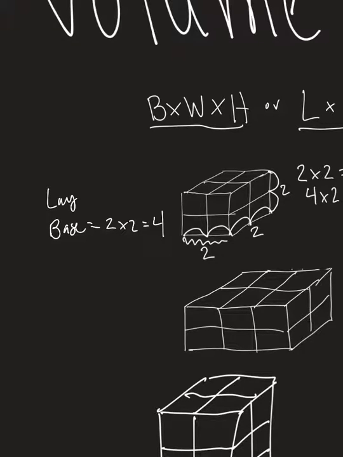My layers are how high it is. So it's 1, 2 layers high. So I have 4 on the bottom, and I have 4 on the top. So I have 4 times 2 equals 8. So 8 cubic units. That would be the example for the first one.